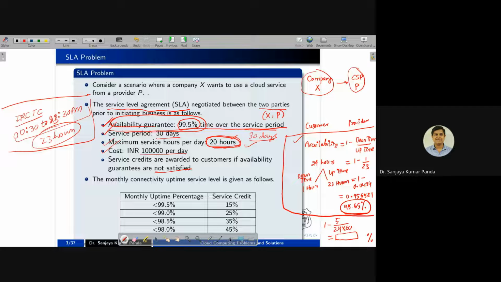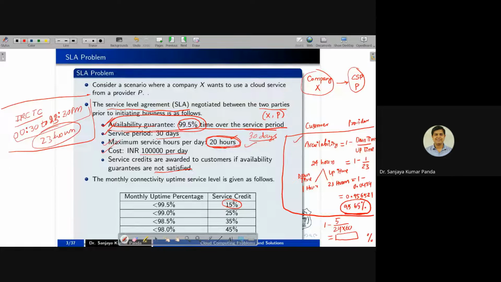Then the service terms condition is violated. So we will check whether it is less than 99.5%. If it is less than 99.5% and greater than or equal to 99%, then the service credit is 15%.